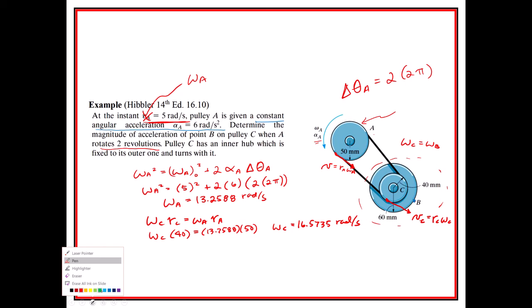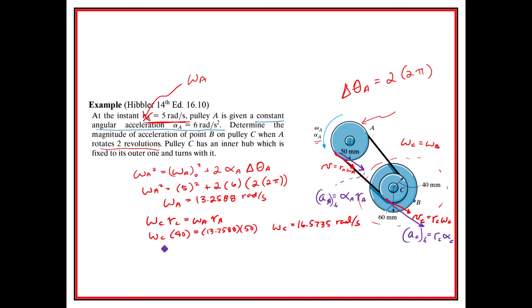And let's change to another color for acceleration. We can also say that the tangential acceleration right here is going to be alpha_A R_A, and then right here in the tangential direction, the tangential acceleration of C is going to be R_C alpha_C.